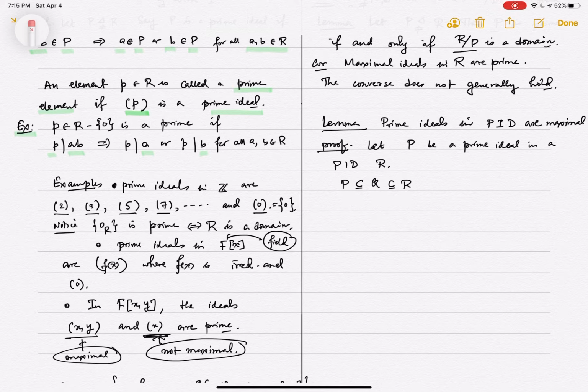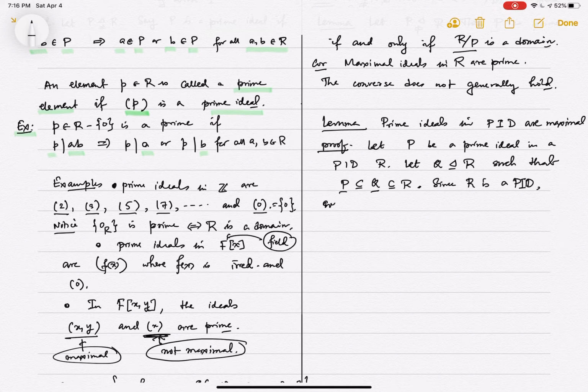So let's take Q be an ideal such that Q is in between P and R, and I need to show that either Q is P or Q is R. So now since R is a PID, all ideals are principal, so P and Q are principal ideals.